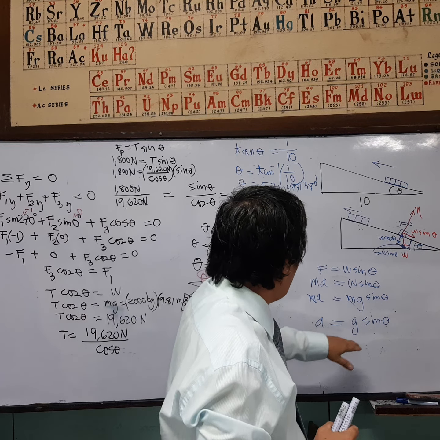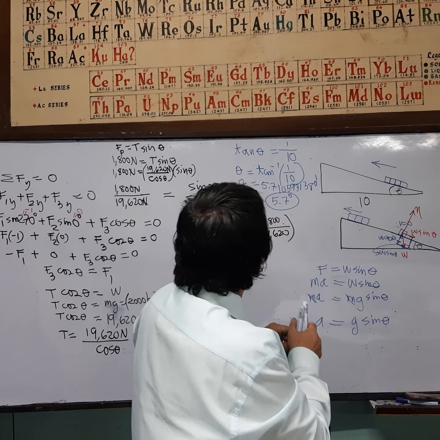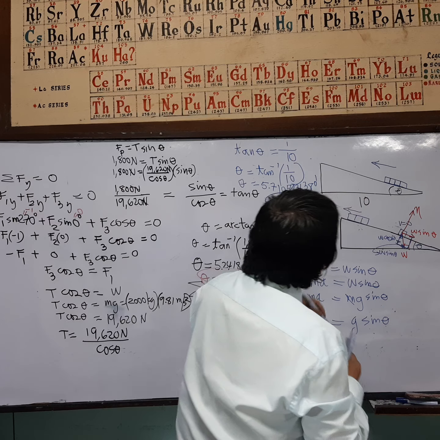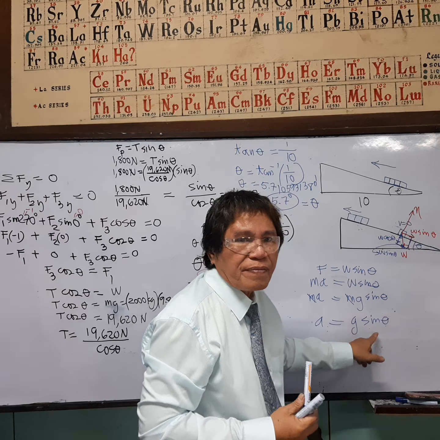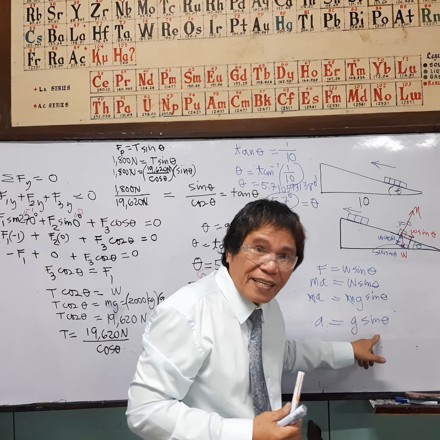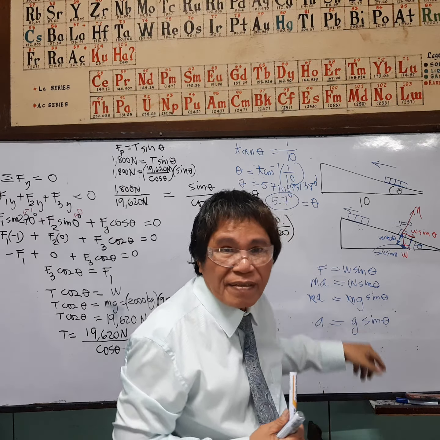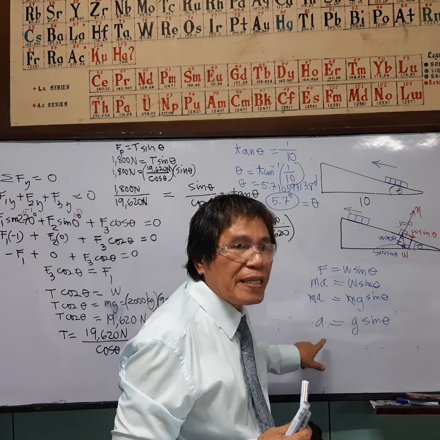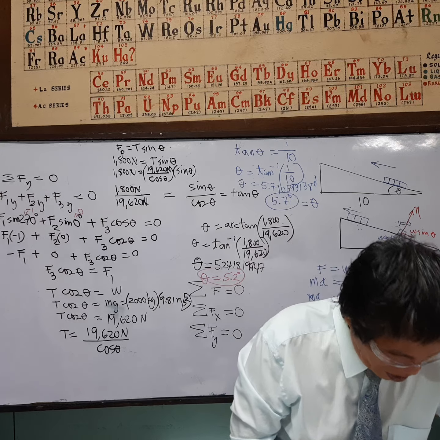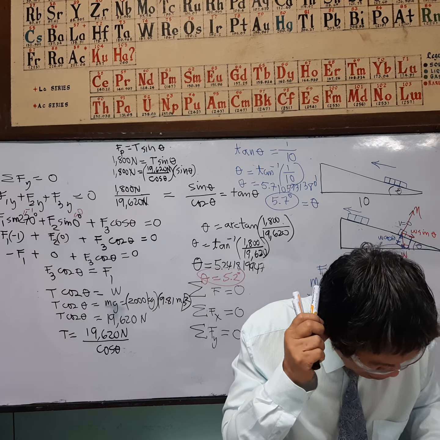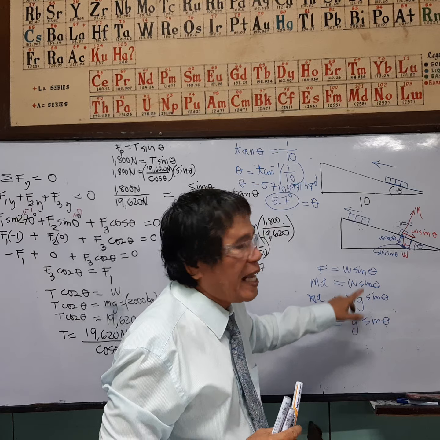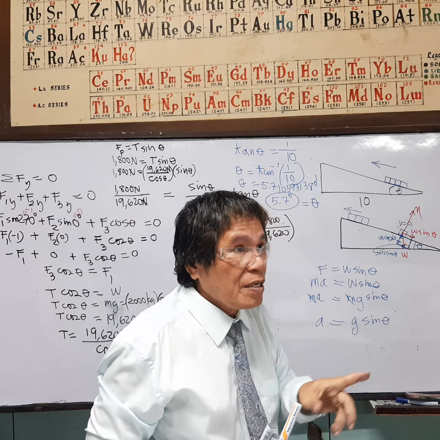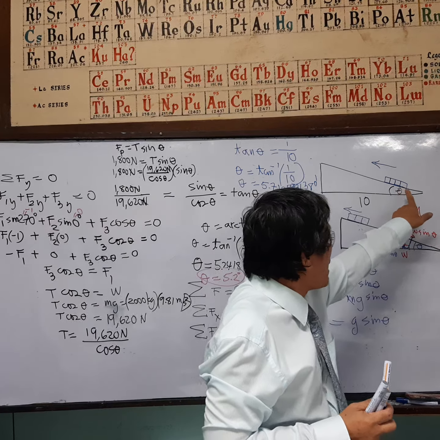So, after getting the angle theta, you get the sine of 5.7, and then you have the acceleration. Because you are asked what the acceleration is, it is a negative acceleration. You have to indicate negative because it is slowing down as it goes up.